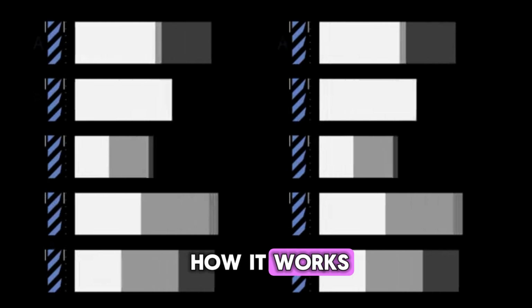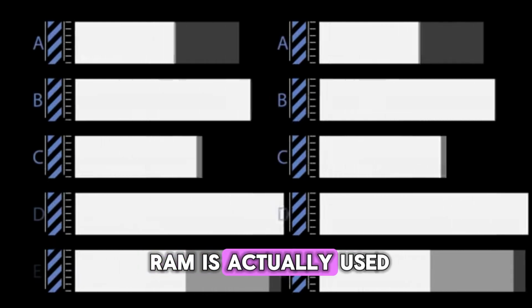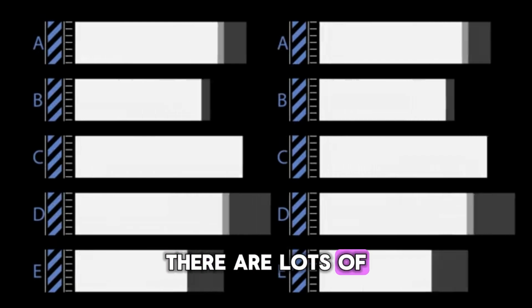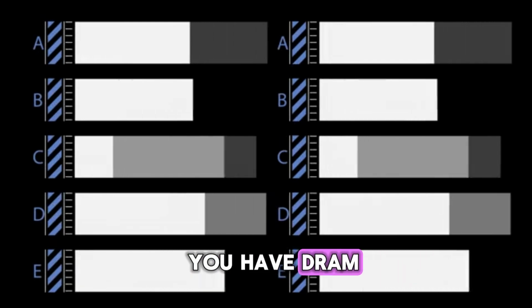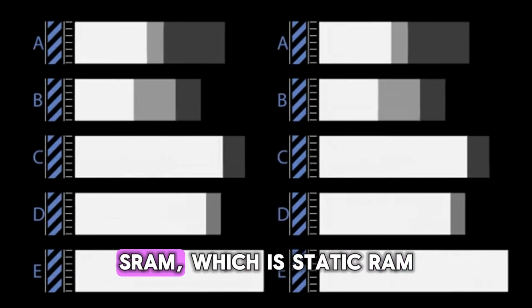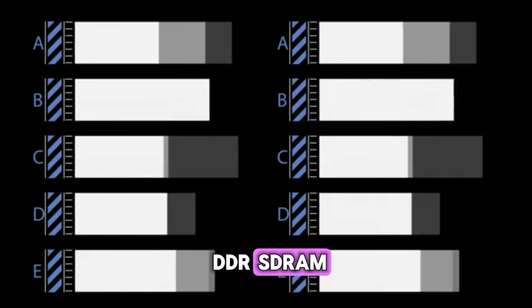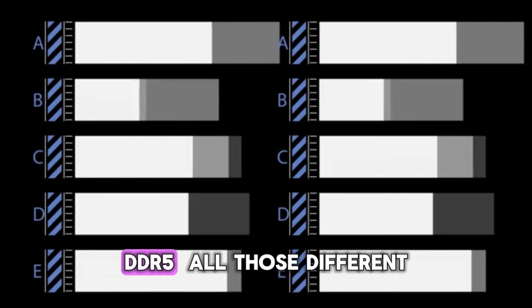Now that you know how it works, let's talk about what RAM is actually used for, and what the different types of RAM are. There are lots of different types of RAM. You have DRAM, which is dynamic RAM, SRAM, which is static RAM, and then things like DDR SDRAM, DDR2, DDR3, DDR4, DDR5.